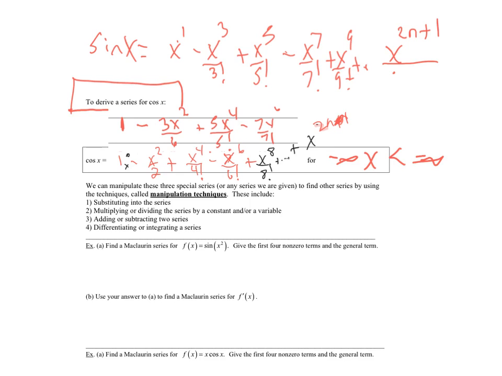well, that never had one. This one does, though. This has a coefficient. This had a 2n. This has a 2n. This one had a 2n.